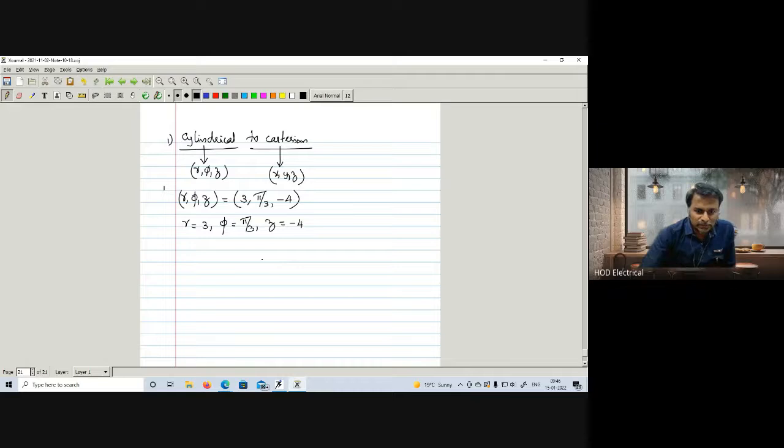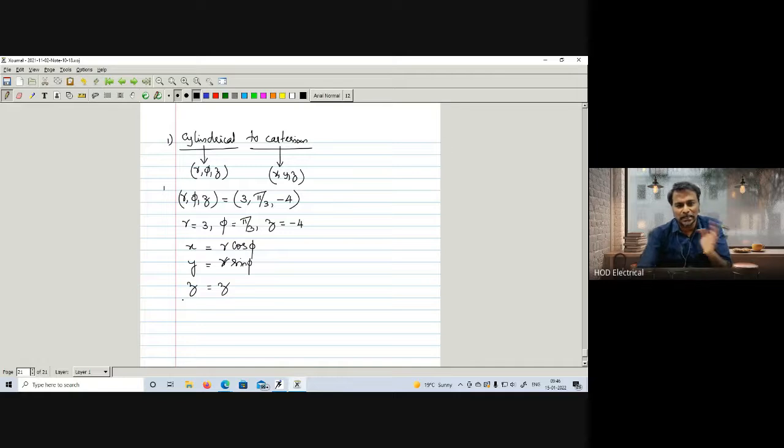Then first we can summarize the formulas related to cylindrical to Cartesian. We know x is equal to r cos phi, y is equal to r sin phi, and z is equal to z, right?